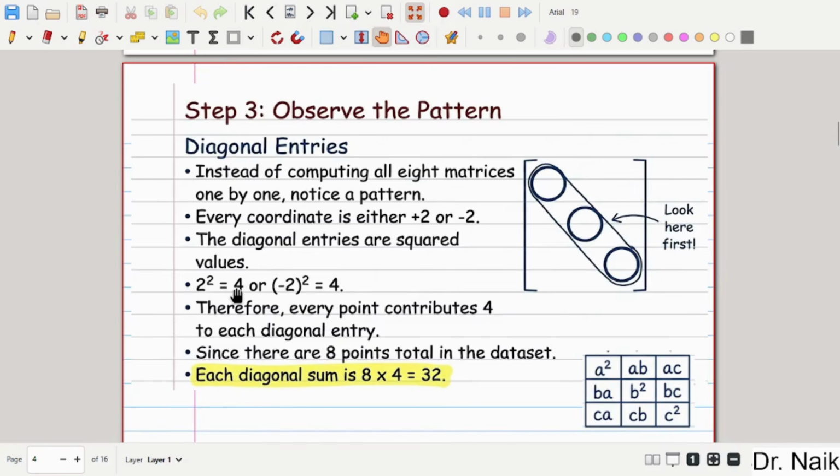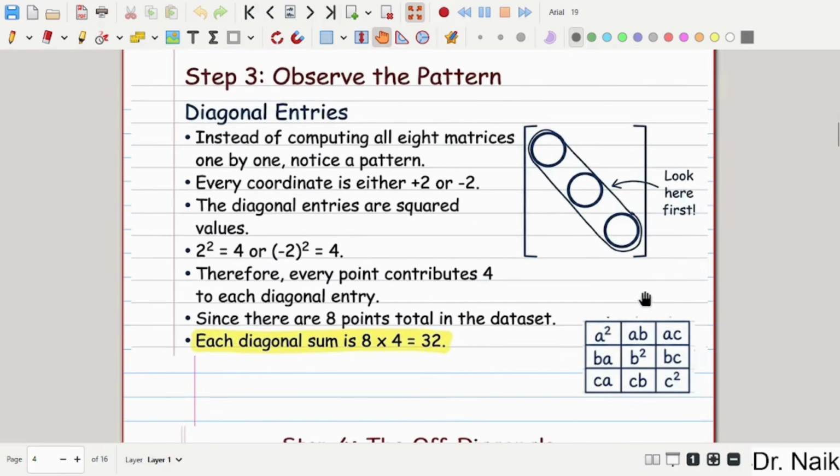Plus 2 square will give 4 and minus 2 square will give 4. Therefore, every point contributes 4 at each diagonal entry. We have such 8 points. Therefore, we have such 8 matrices. Therefore, the diagonal sum is calculated as 32.